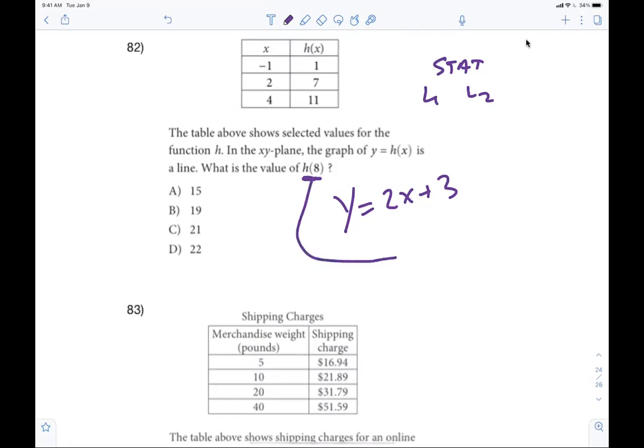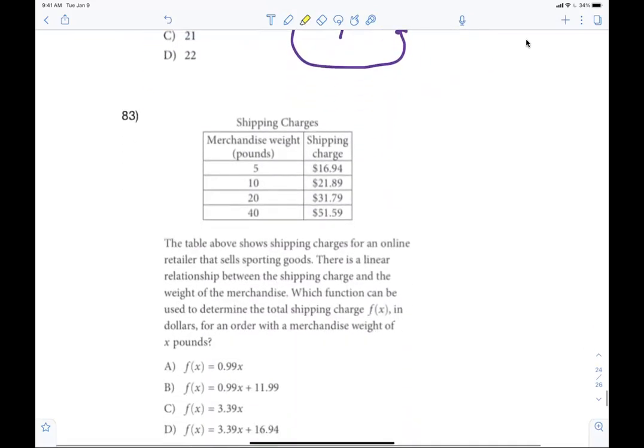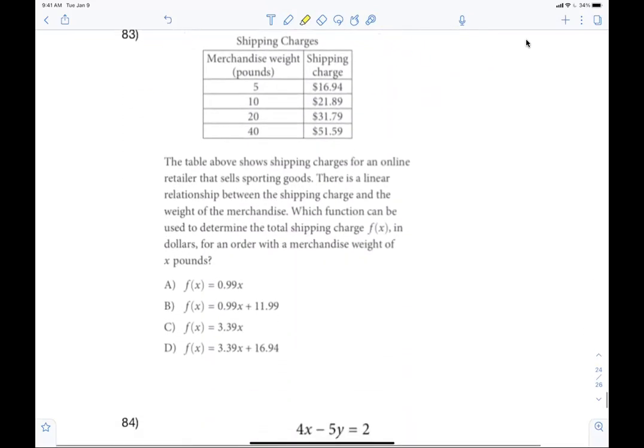Thank you very much. You're just plugging 8 in for x. So your final answer here is what? Yes, you forgot to add 3. It's not a big deal. 19. All right, anybody have any issues with that? What are you thinking here, guys?